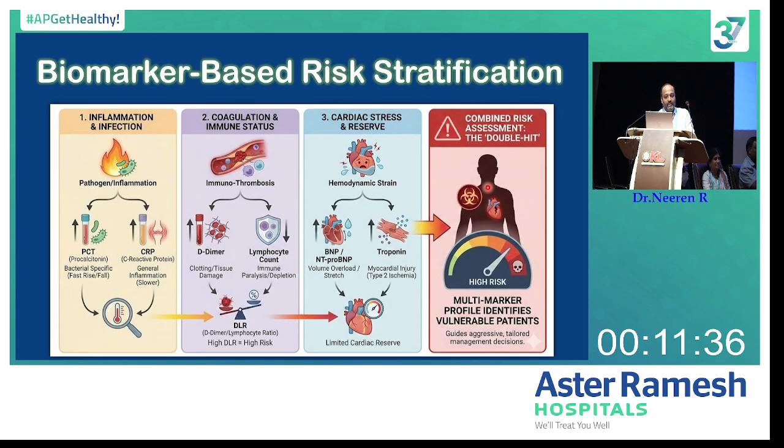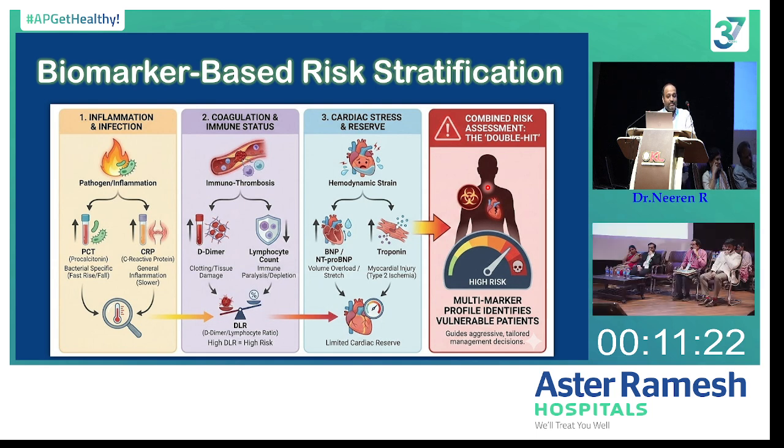We also have some biomarkers that are now available that can help us in stratifying the risk in these patients. We have procalcitonin and CRP, which are included in some of the risk factors. We also talked about D-dimer and neutrophil lymphocyte ratio as a marker of immune status in the perioperative period, and also the cardiac reserve using troponin and proBNP. All this combined with clinical factors can actually give us a multimodal risk stratification.